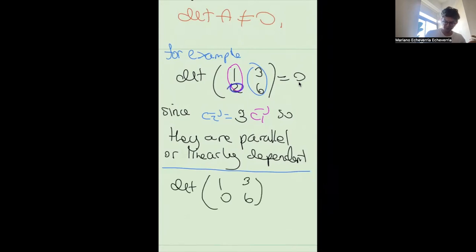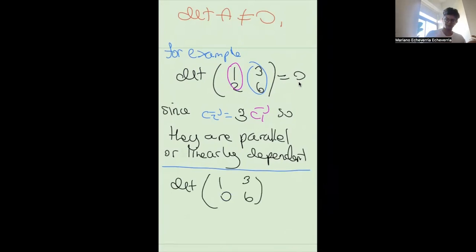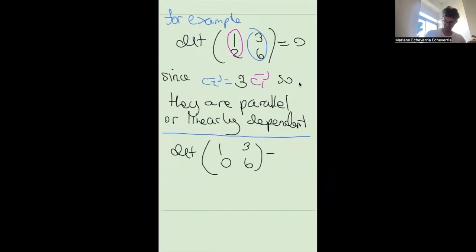What if I change just this number to 0? Now, this one we'll see is not 0, and we'll see next time what the number should be. This is not 0, since the vectors are not parallel, right? There's no way to multiply this vector by a number to get to this vector or vice versa.